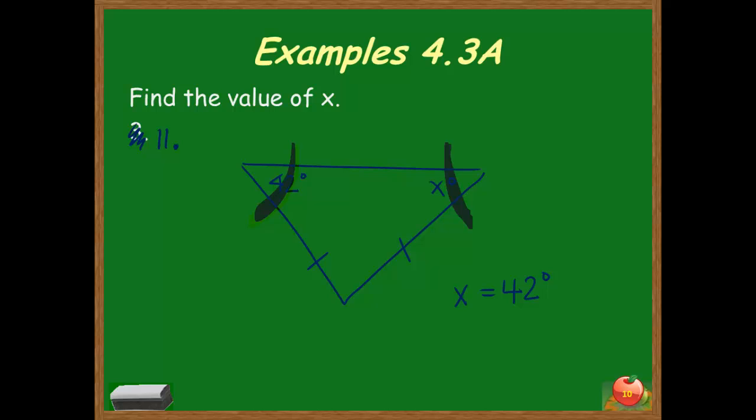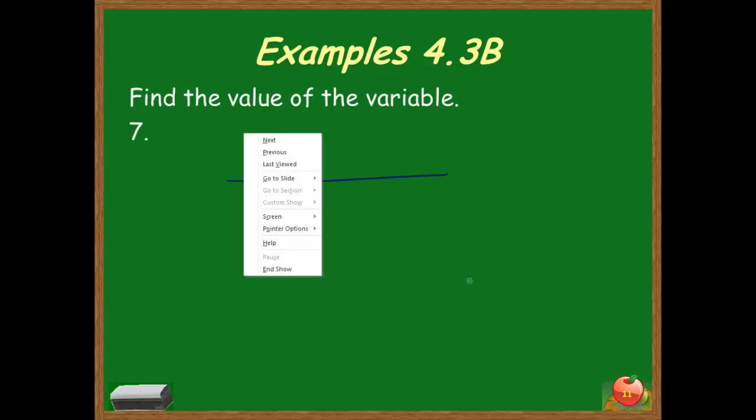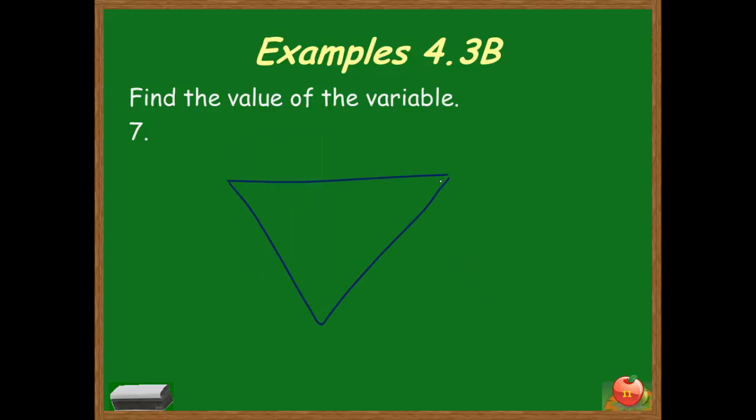So you might have to do a little bit more solving. All right, go ahead and turn your worksheet over, and we're going to try 3 examples from side B. And we're going to start with number 7. And number 7, it kind of looks just like what we were working on, except it says 2x degrees and 32, and it told us that these are congruent.